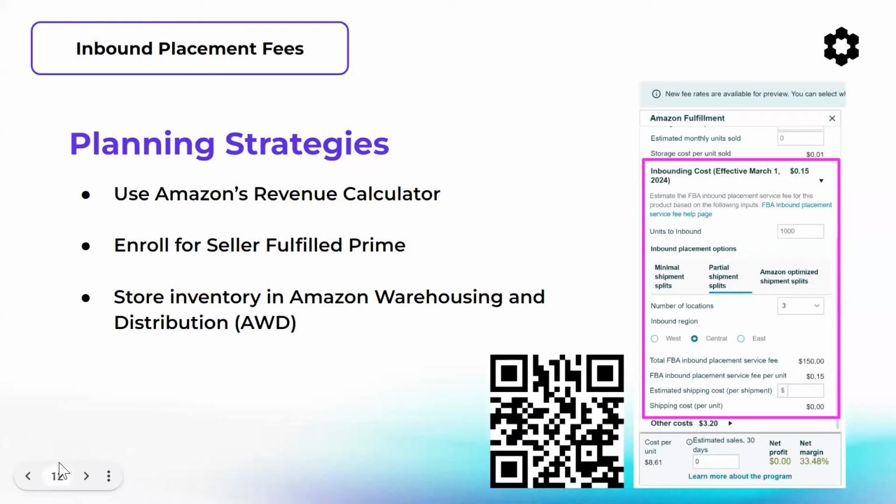So the idea is that we understand this and plan for it in our unit economics, because circumventing the process today is not scalable. You won't be able to do this forever, because Amazon catches the loopholes, and they will close them at some point.